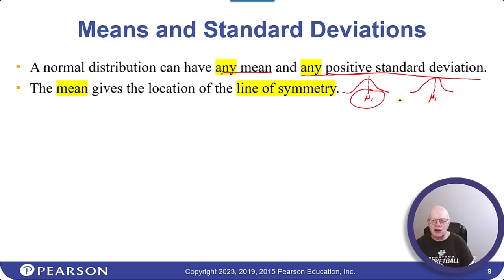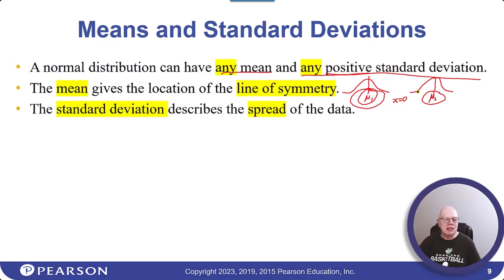If the x value here, for example, is 0, this normal distribution would have a negative mean, and the one on the right here would have a positive mean. The standard deviation, the second number we're talking about, describes how spread out it is.